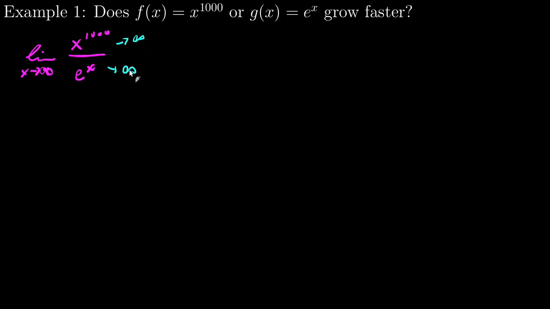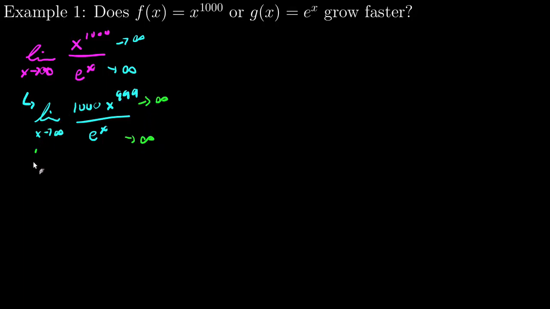So that means I can take the derivative. But that doesn't seem to help very much because now I'm just going to get 1000 x to the 999 over e to the x. And I can see that the numerator and denominator both approach infinity still.